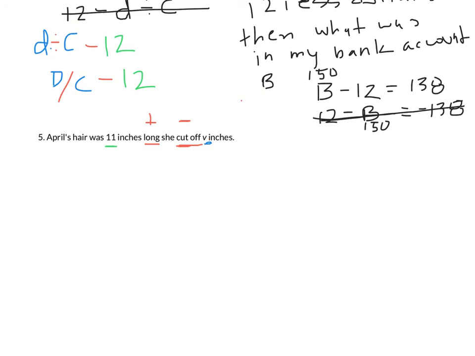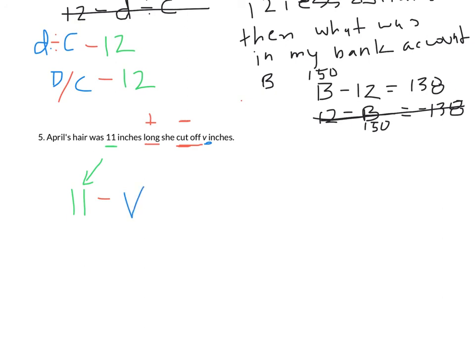So if she has 11 inches, we know that's going to be a positive number. It's 11 inches long. Now she cuts off, which we said is going to be taking away or subtraction. She cuts off V inches. Okay? And so most everybody got this right.